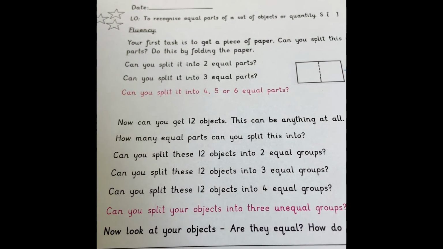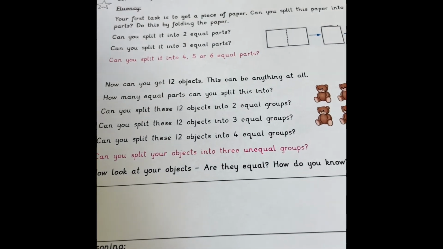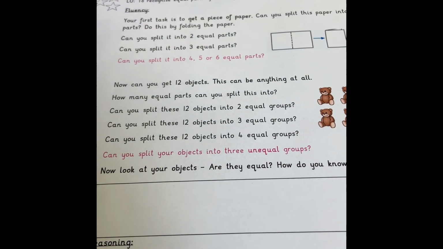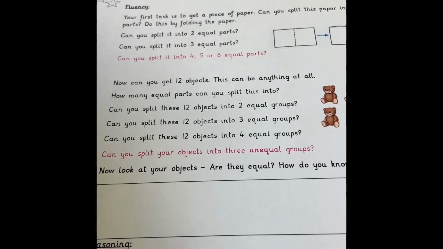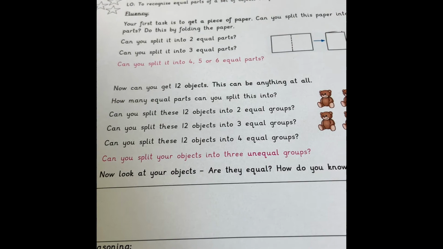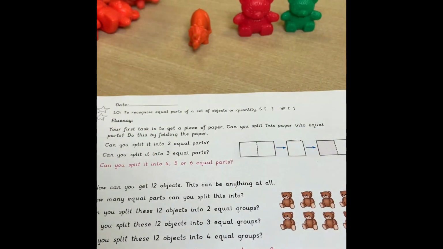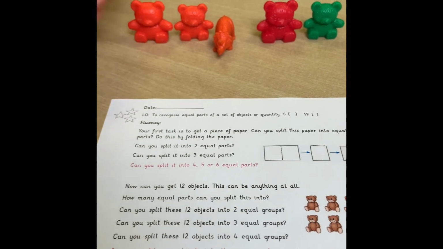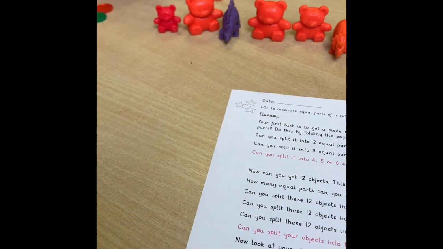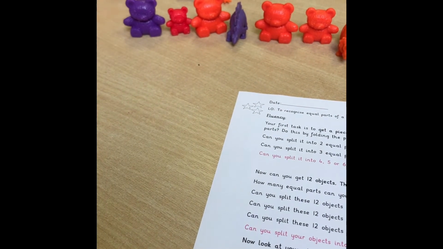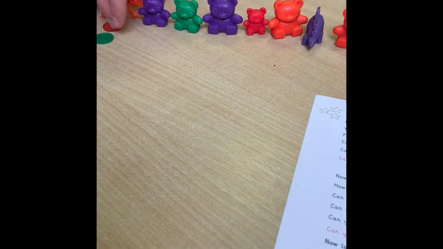Next, can you get 12 objects? So this can be anything at home that you can use as an object. We're going to use our counting objects today at school. So your first job is to make sure you have 12 objects. 1, 2, 3, 4, 5, 6, 7, 8, 9, 10, 11, 12.